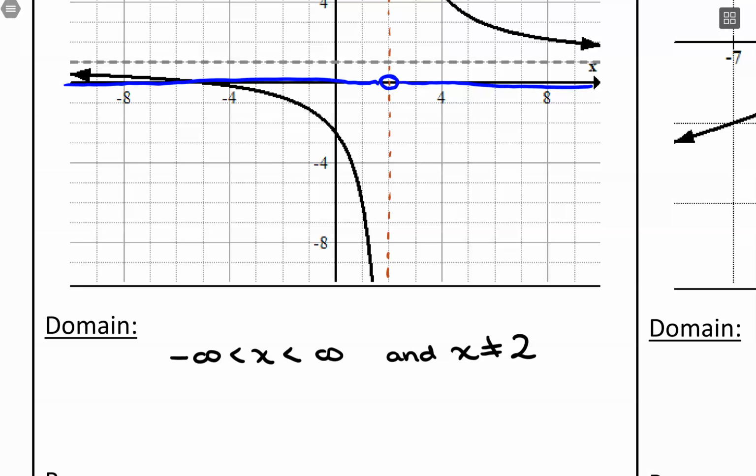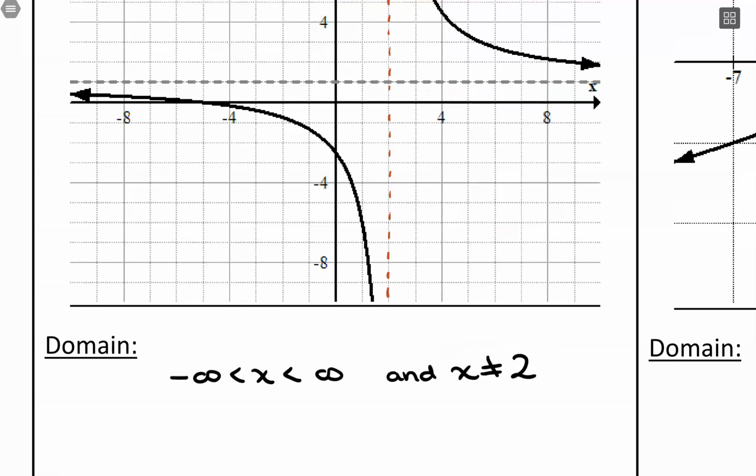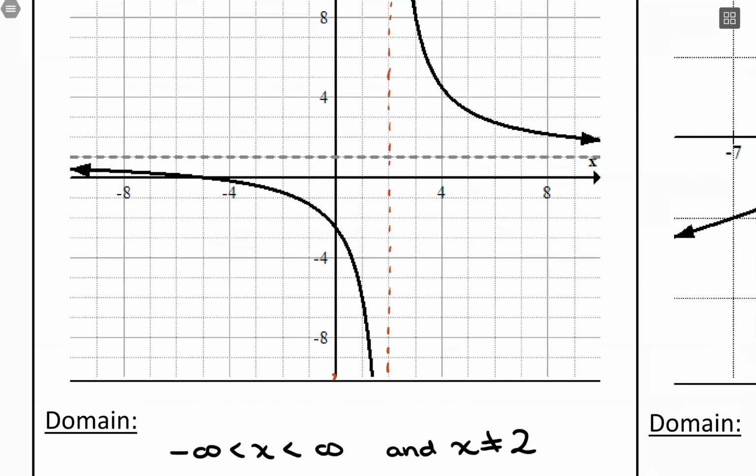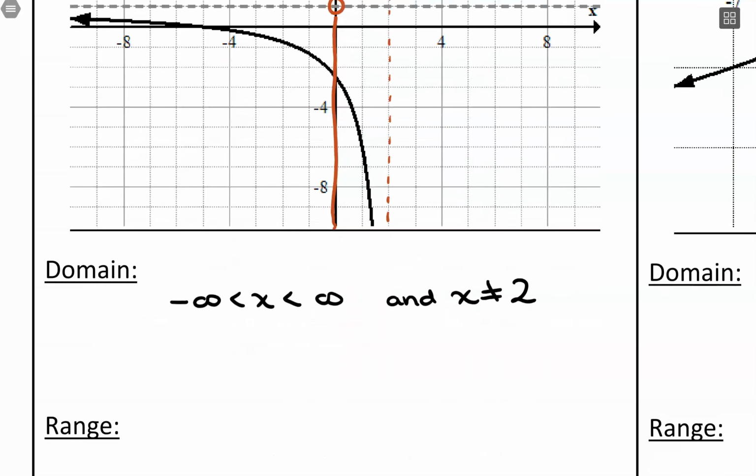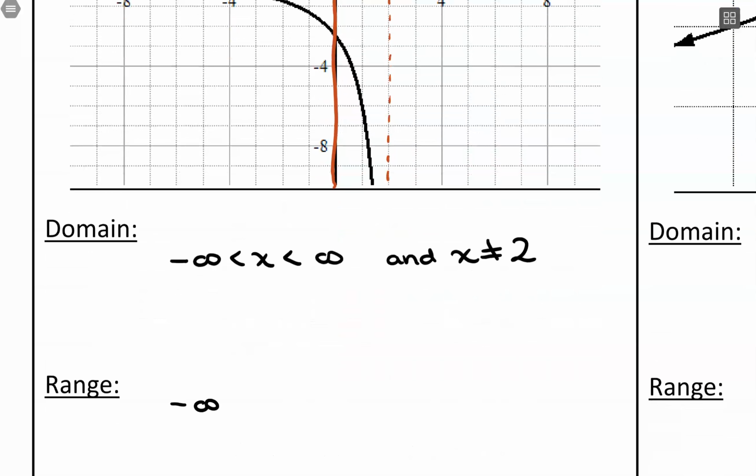We're going to see the same thing for our range, because we'll see it's defined until we get to y equals 1, where we'll have a horizontal asymptote where it's undefined, but then it goes on to infinity. So with this we could say y is between negative infinity and positive infinity, and y cannot equal positive 1. So that's how we can handle the gaps in domain and range.